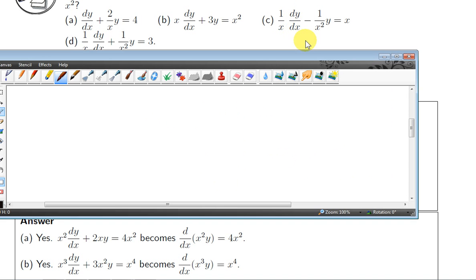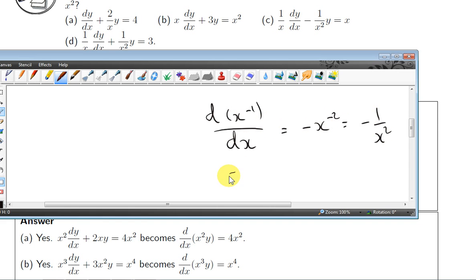However, this equation is already exact. The derivative of 1 over x is actually minus 1 over x squared. 1 over x is x to the minus 1, so we get minus x to the minus 2, which can be written as minus 1 over x squared.